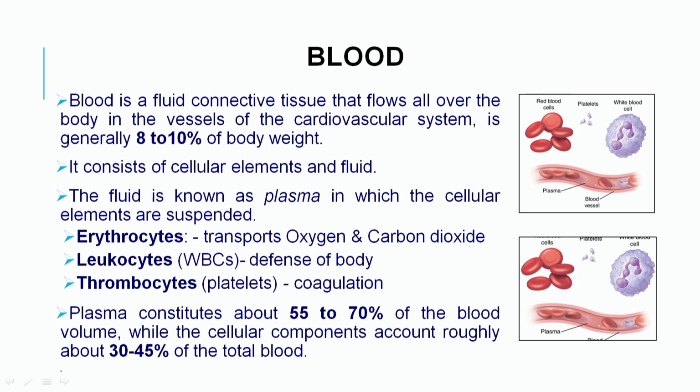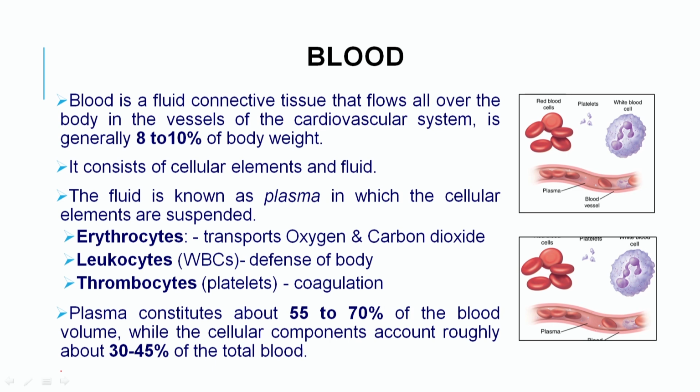Cellular elements are erythrocytes, which help in the transport of oxygen and carbon dioxide. Leukocytes, also known as WBC, mainly perform the defense work in the body. Thrombocytes or platelets are involved in blood coagulation.